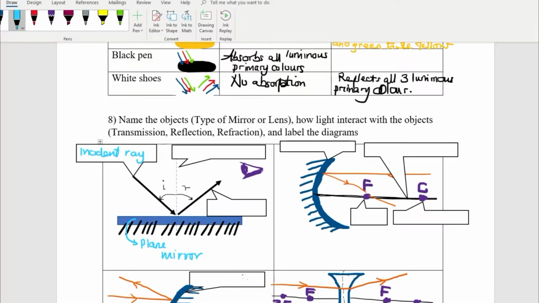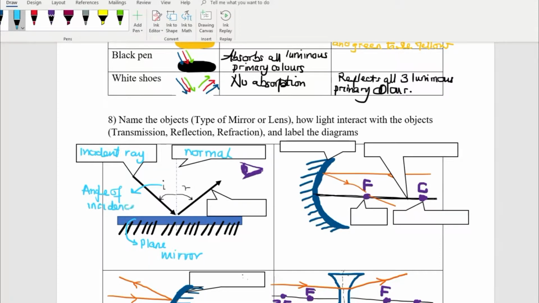This invisible line is called the normal, and the normal is the line that is perpendicular to this plane mirror. So this creates an angle of 90 degrees, which means that it is perpendicular. The angle between the incident ray and the normal is called I, which means the angle of incidence.